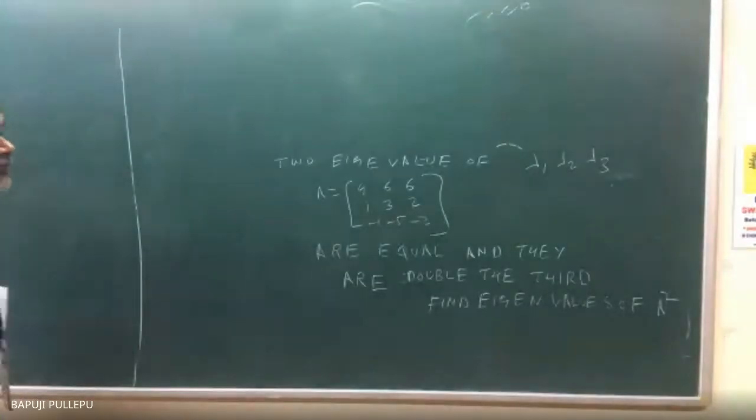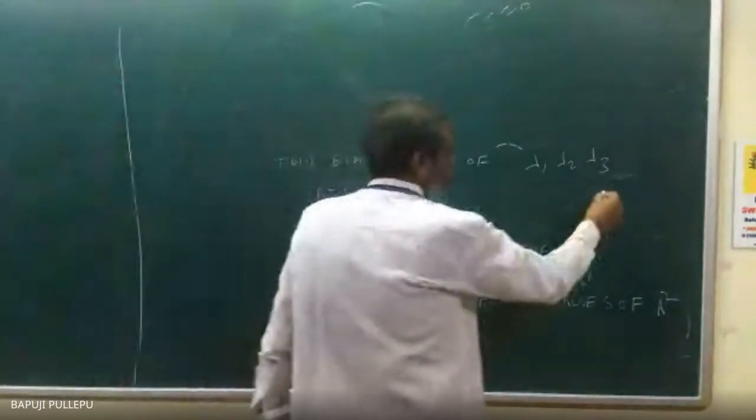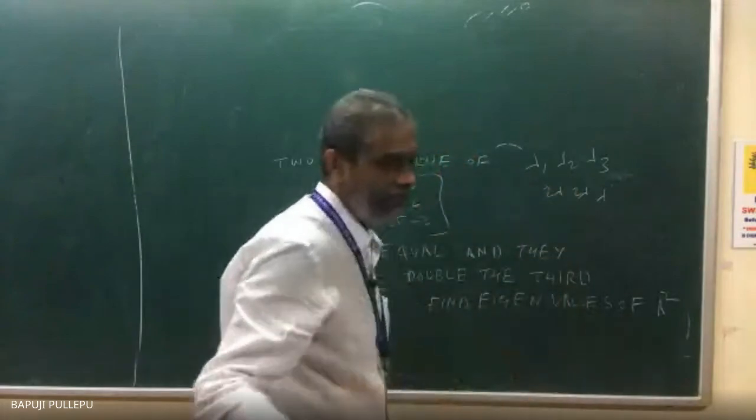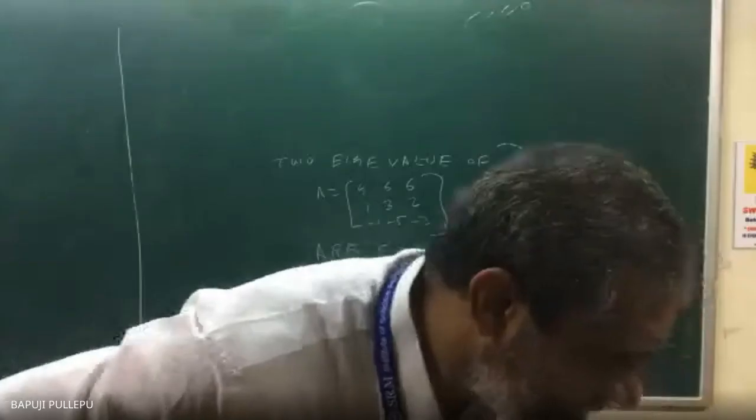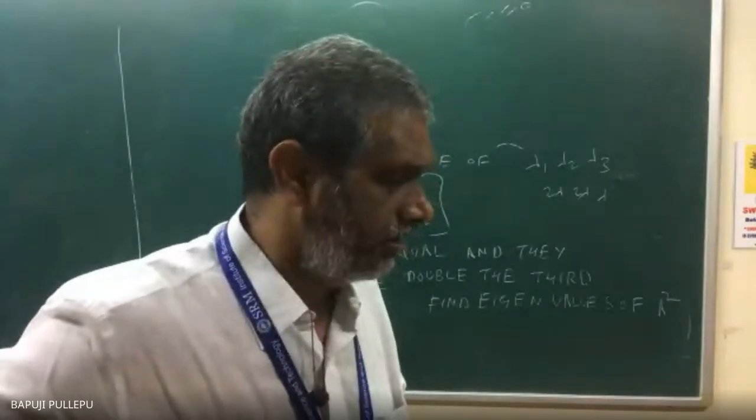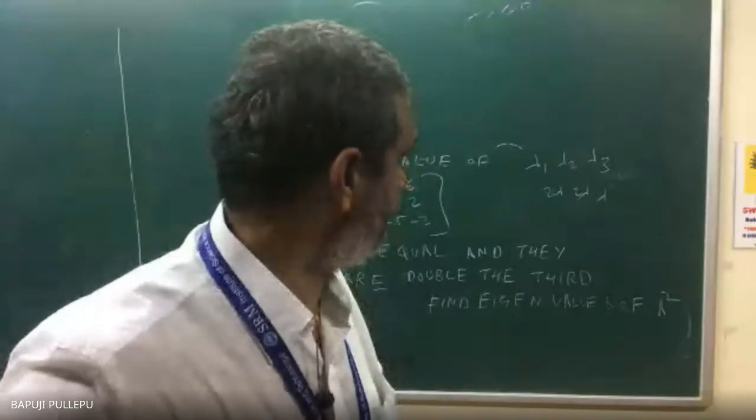Okay. Now suppose lambda 3 is equal to lambda, that means lambda 1 and lambda 2 are 2 lambda, 2 lambda. I said the same thing in the beginning: if you put lambda 3 equals lambda, then lambda 1 equals lambda 2 equals 2 lambda.